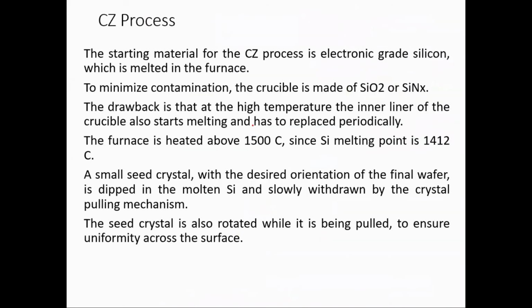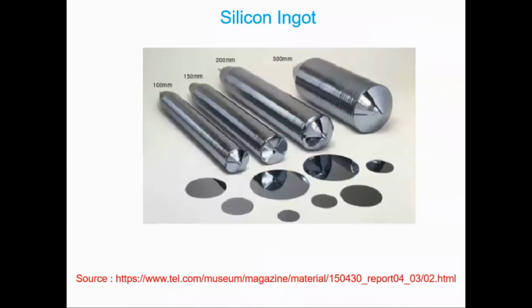When you talk about your crystal and the ingot, the ingot which is generated is like this, and this is the top where your seed is. You pull it up, and you can find some lines here. So it is pulled up from the system, and you get your ingots like this.